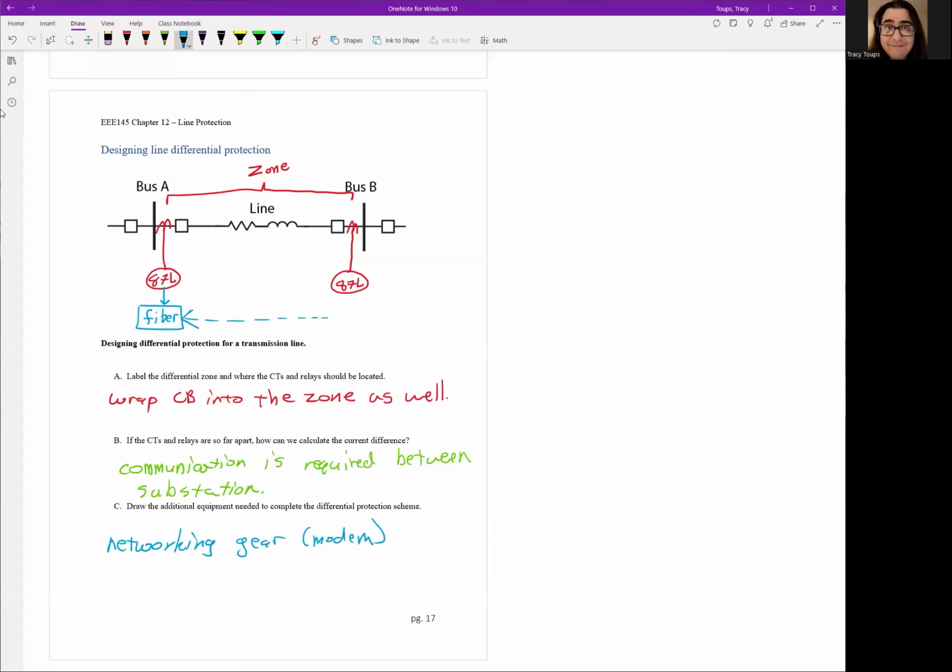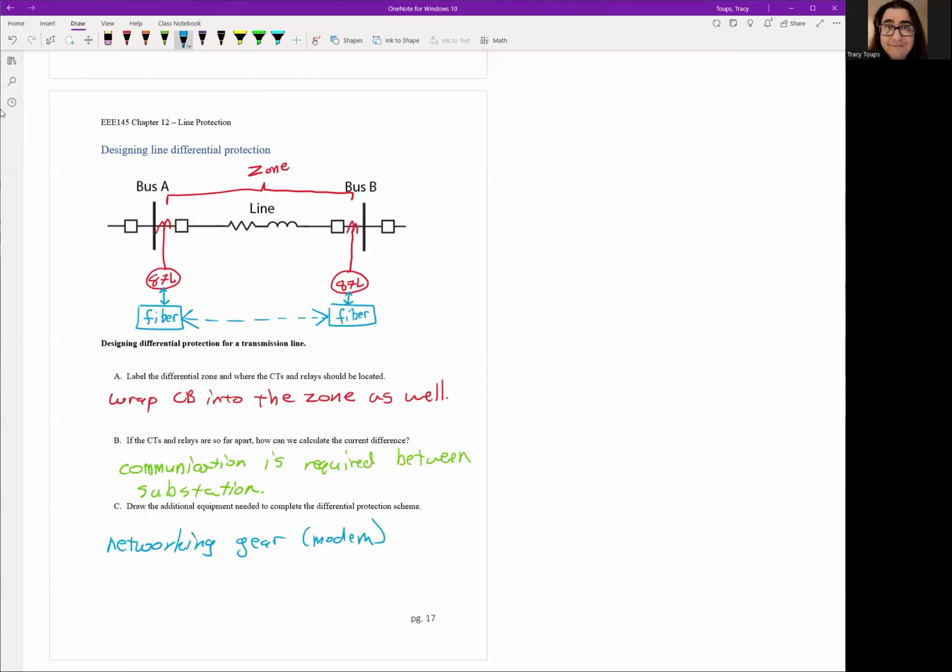So you physically run a 50-mile fiber optic bundle on the transmission line, and then you'll have another modem at substation B, and they'll talk to each other through that fiber cable. And then that 87L will relay information back and forth.